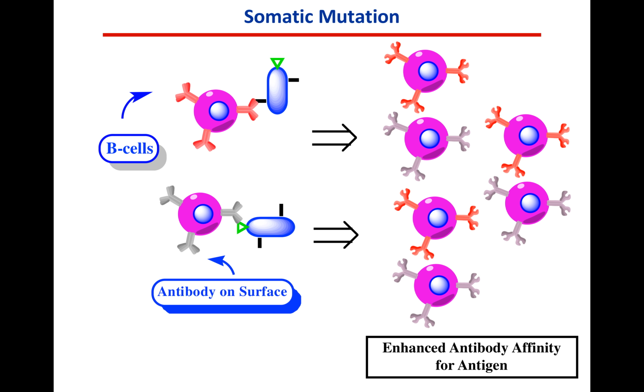And so you can go from a strong interaction to an even stronger interaction. This is important because it allows your immune system to evolve and make antibodies that have even higher binding affinity and specificity.